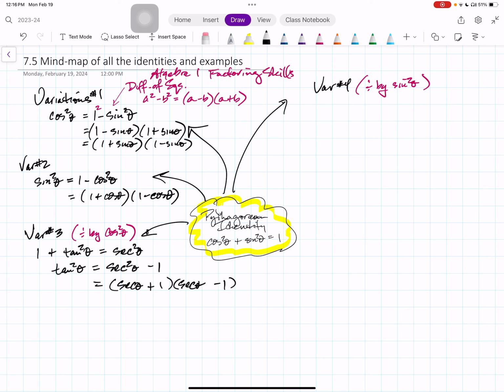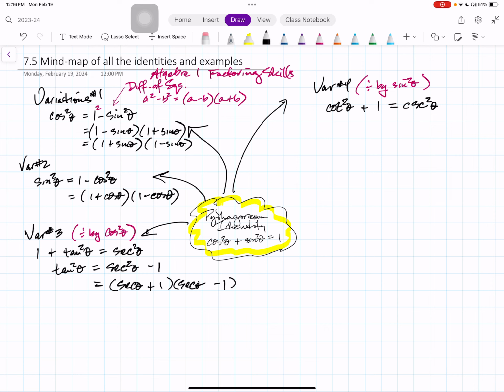And cosine squared theta divided by sine squared theta is cotangent squared theta. So we have cotangent squared theta. The second term is sine squared theta in the identity divided by itself, you obviously get 1. And then 1 divided by sine squared theta is cosecant squared theta.